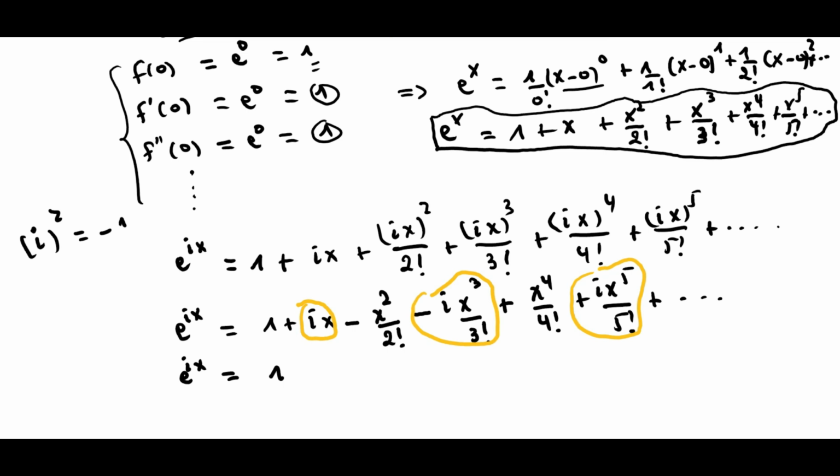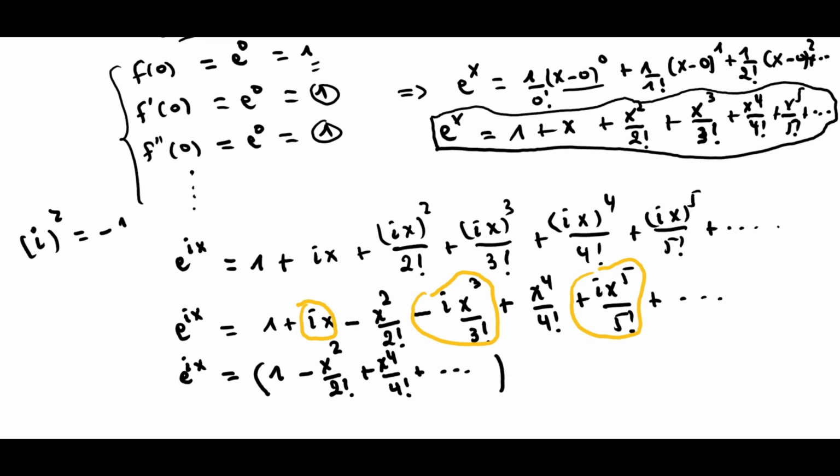And the remaining ones will be the real part, and this with i will be the imaginary parts. So we will have the real part to be 1 minus x squared over 2 factorial and plus x power 4 over 4 factorial plus and so on up to infinity.